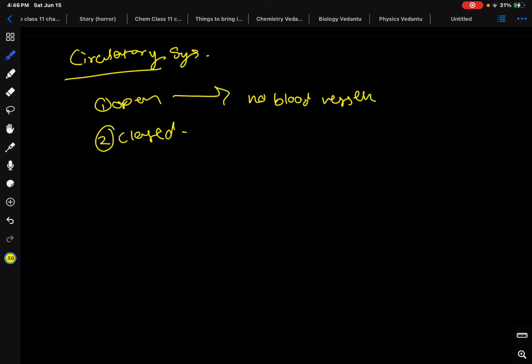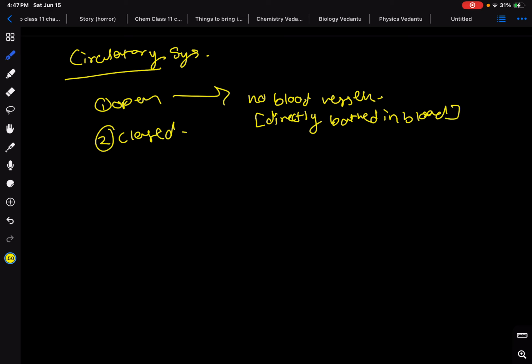So that means the blood is directly pumped into the body. So the tissues and all the cells are directly bathed in the blood.